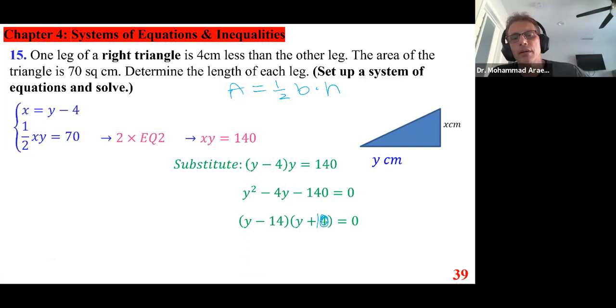Okay. Again, notice 10 times negative 14 is negative 140, positive 10, negative 14, they add up to negative 4, okay? So y is either 14 or negative 10.